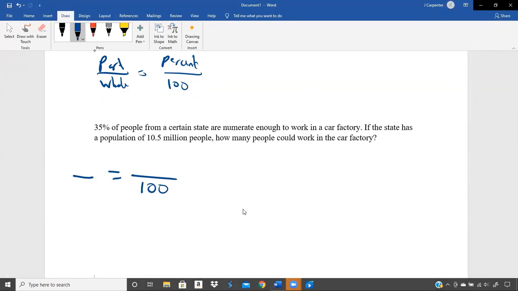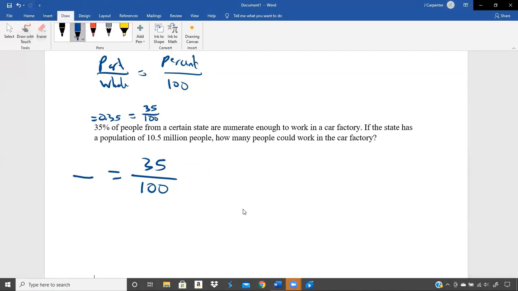All right, so what else goes where? Well, the 35% has to go with the 100, and if you write 0.35 there, that would be wrong. Well, yes, 35% is 0.35 as a decimal, but it's also 35 over 100 as a fraction. So the 0.35 was wrong.